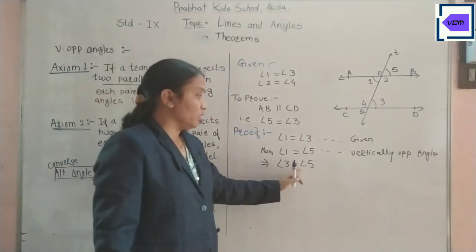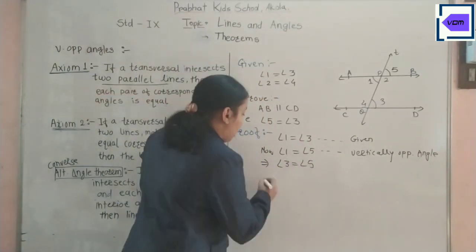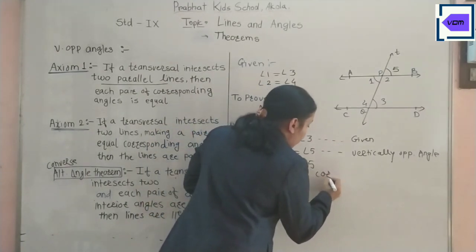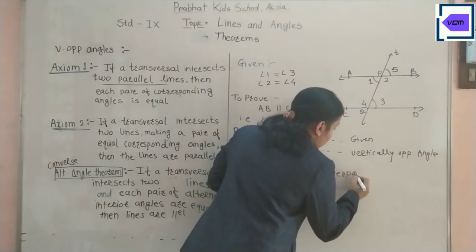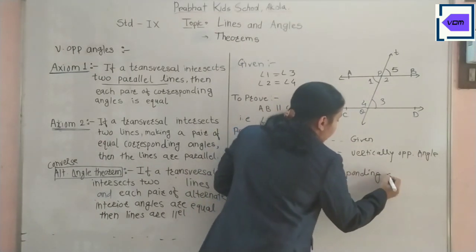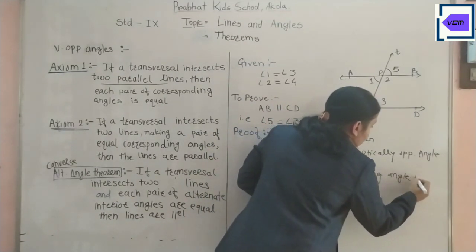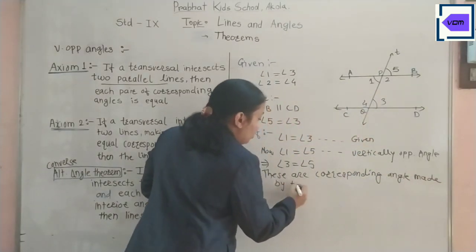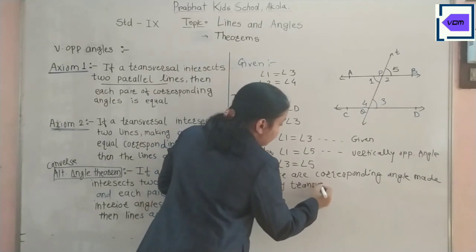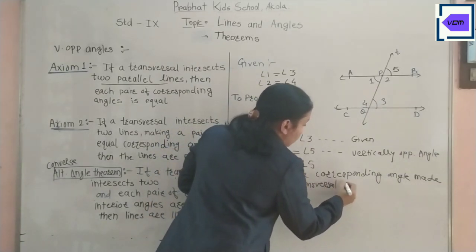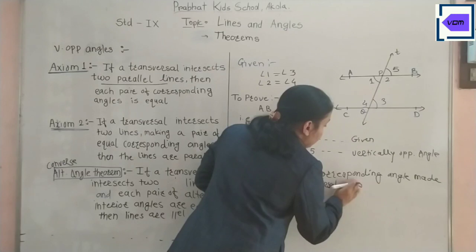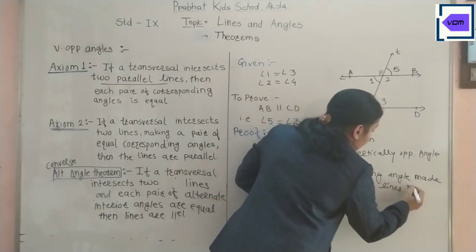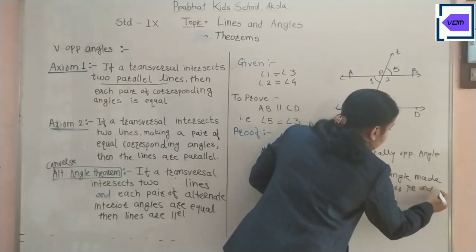Now angle 3 is equal to angle 5 and these are corresponding angles made by transversal T with lines AB and CD.